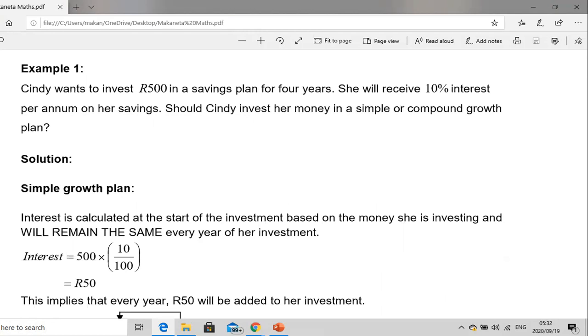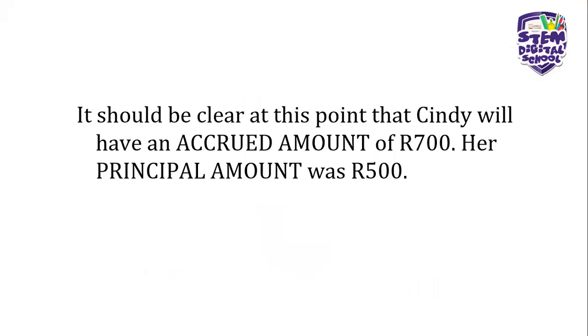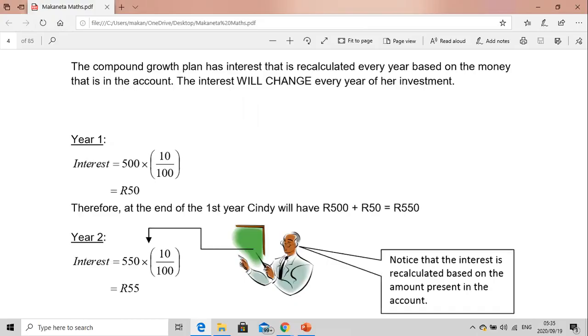In the simple growth plan, at the end of the year, the amount had increased by 50 rands, so you had 550 rands. The same goes for the compound interest. At the end of the first year, the investment is 550 rands. So they are equal. The only difference will be when it comes to the second year.